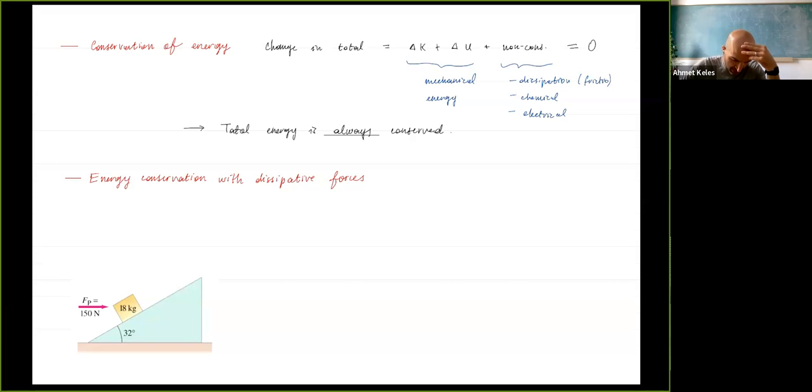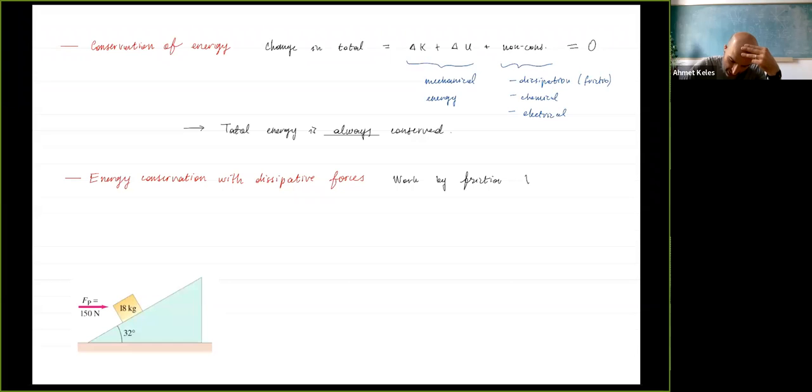And now let me incorporate these dissipative forces into the work done here. We know now the total energy conservation. Let's also include the work done by the dissipative forces, right? For example, work by friction.